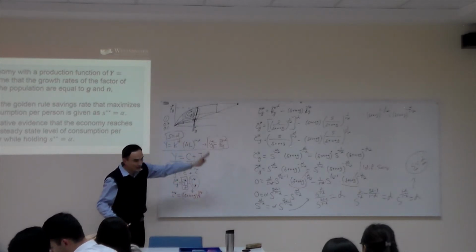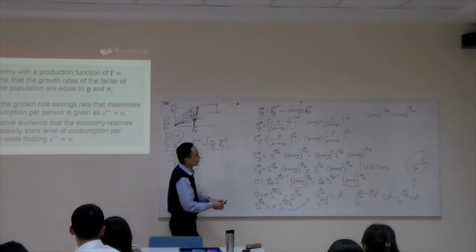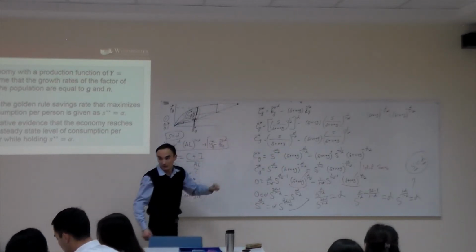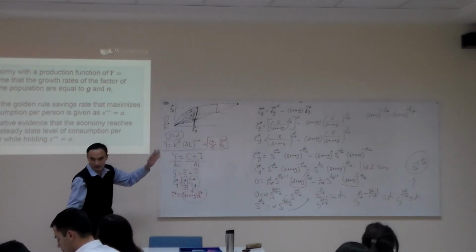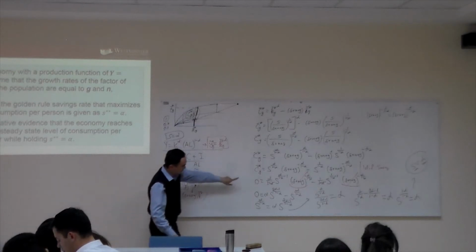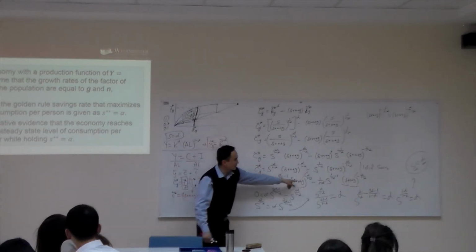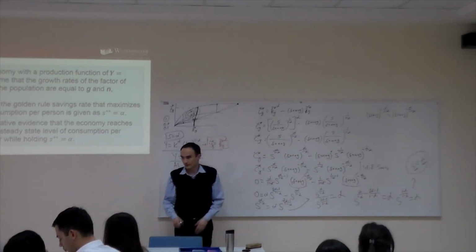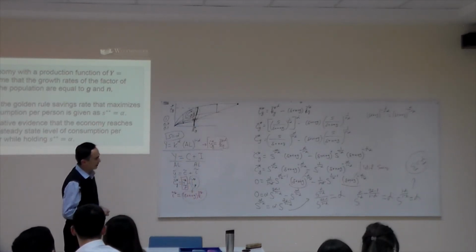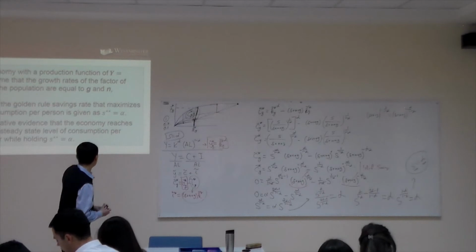You will follow exactly the same steps, but only g will be missing. Only g will be missing. You will get exactly the same. Why? Because once it reaches this step, all of these things will be cancelled out. Okay? So this is regarding our golden rule level of consumption.